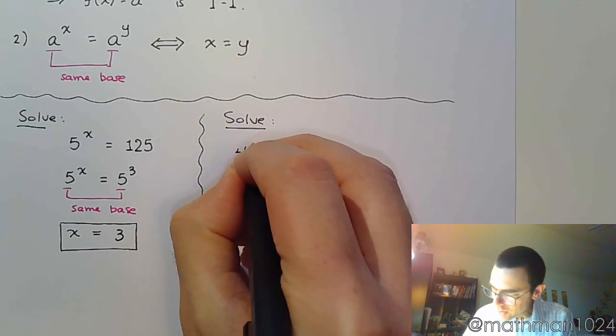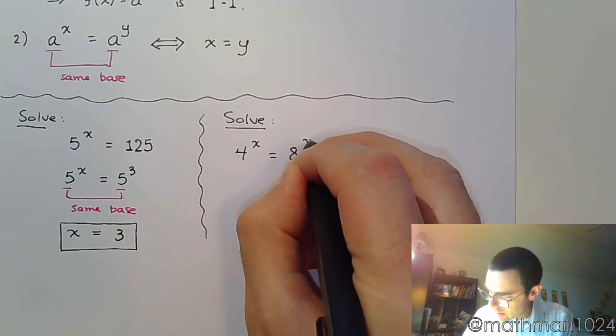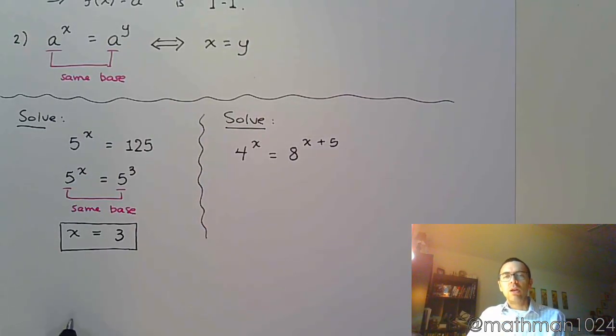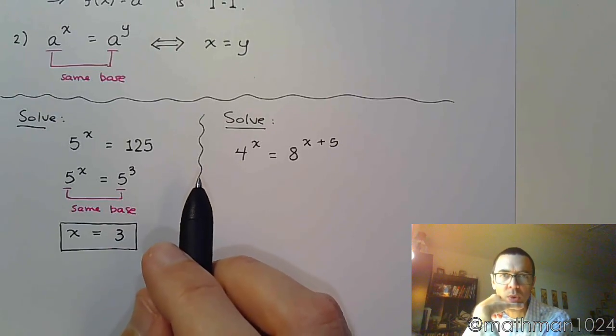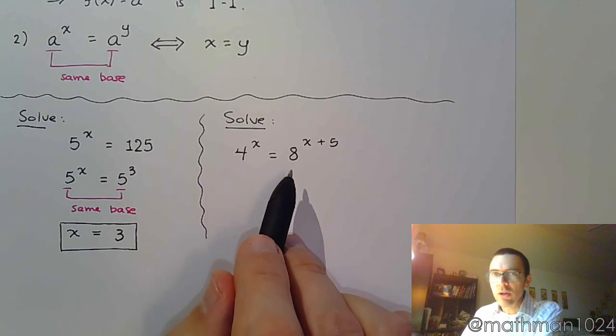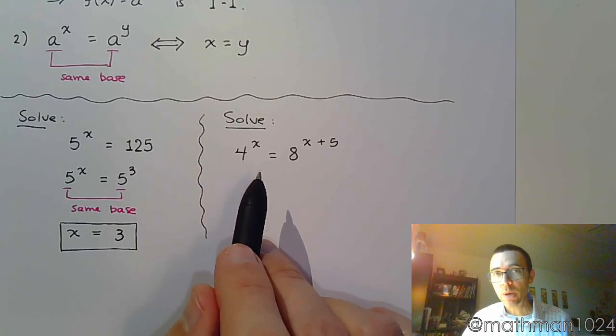If I take 4 to the x equal to 8 to the x plus 5. What we're trying to do here is to rewrite each side of the equation so that they have the same base. Now you look at that power chart that we have at the top of this document, you're going to see that 4 and 8 are based off of the same number, that being 2. So 2 is the common base.